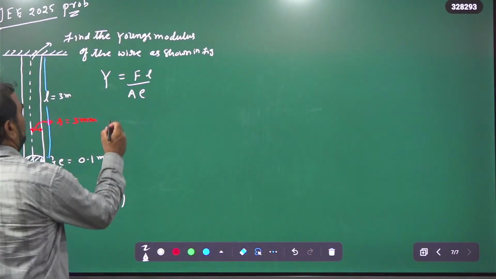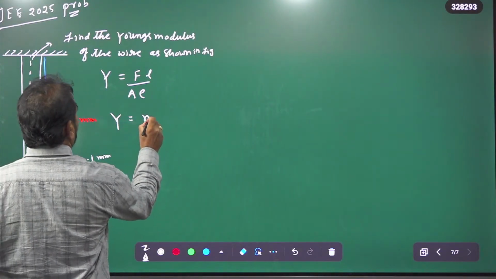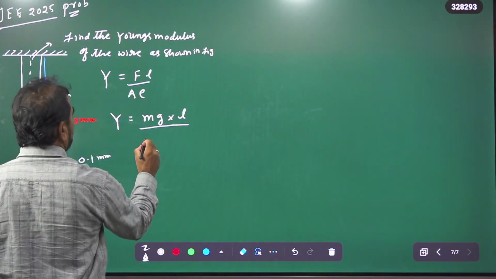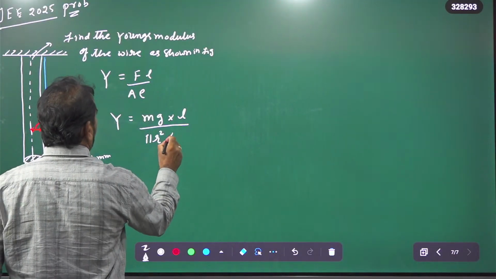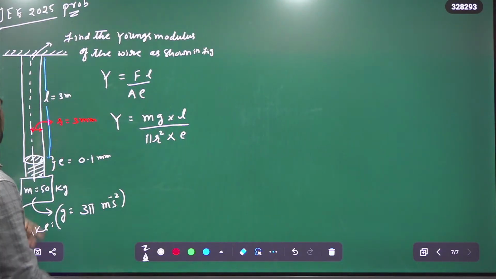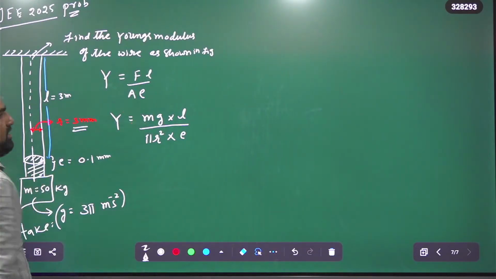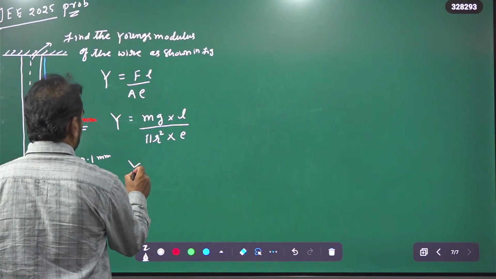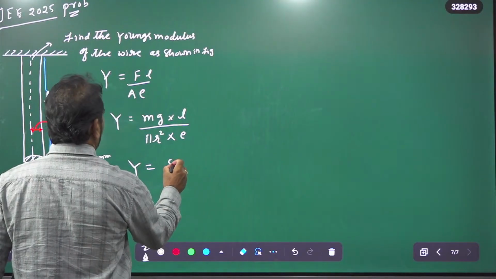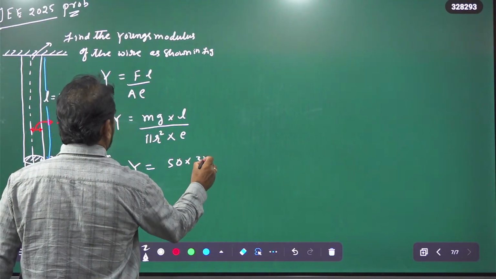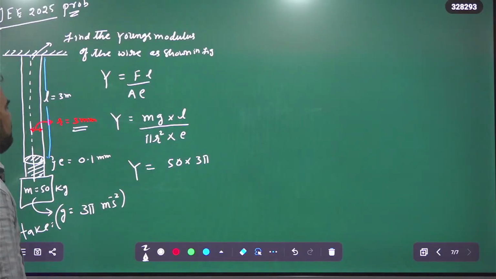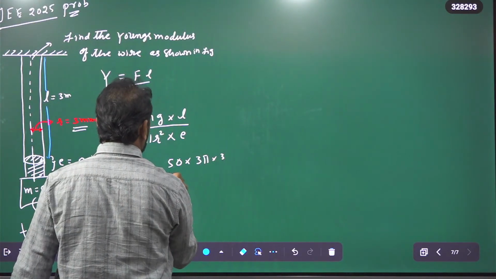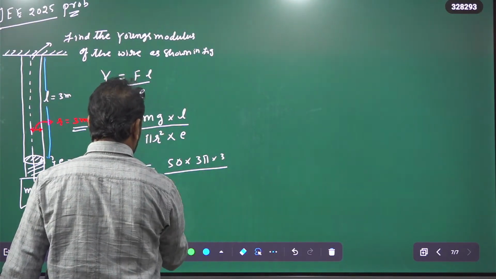Let's calculate. Y is equal to mg into L upon A into E. I am writing the A value in the form of pi r square, where the R value was given as 3 millimeters. So Y is equal to 50 kilograms, g value given, into L which is 3 meters, upon pi into r square.